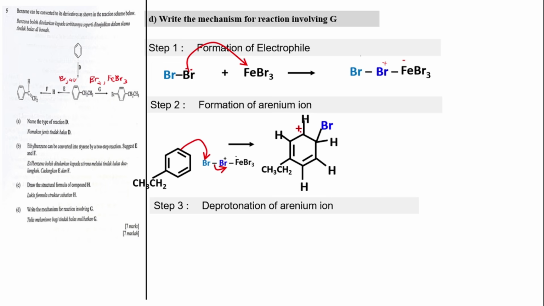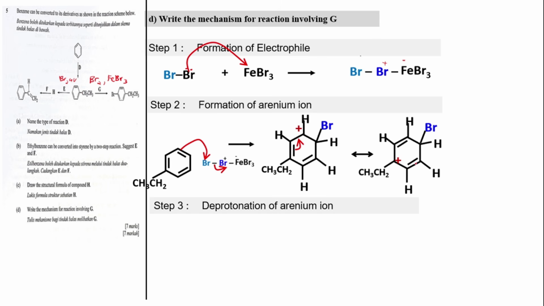And this positive charge can be at this side or at that side, because the electron can be delocalized. So let's say if the electron moves here, the positive charge will be at this corner here.